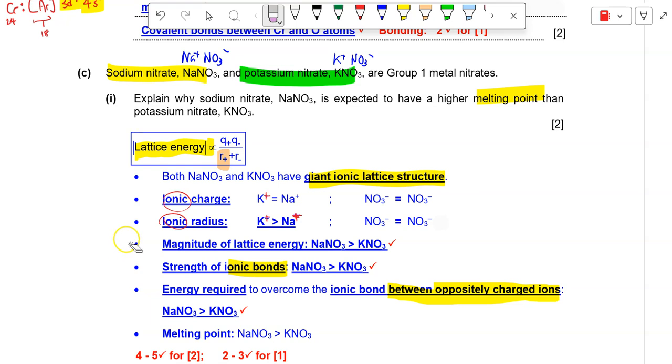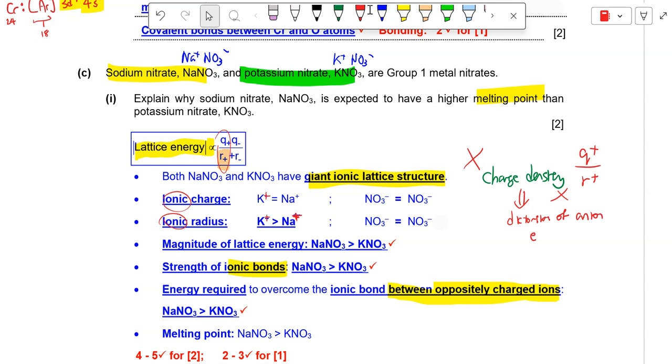Take note of the common mistake that many of you made: many of you used the term charge density. Charge density is not applicable here. Although charge density means Q+ over R+, which looks somewhat similar to this, it's not applicable because with charge density, we are looking at distortion of the anion electron cloud.